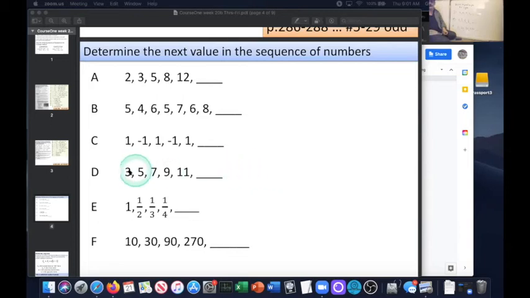Okay, so anyone want to volunteer what they think the number is for sequence D?